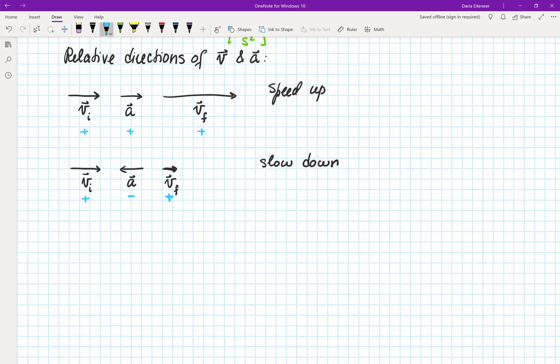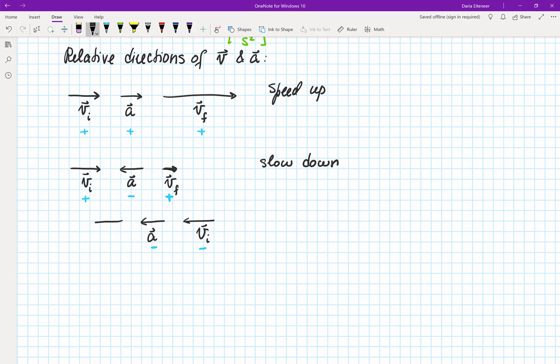So let me show you an example of that. Let's say I have this as my initial velocity, and I'm going to have this acceleration as well. This time both of these quantities are negative. But what's the result? If the car is moving to the left and the driver steps on the gas, isn't the car still going to speed up?